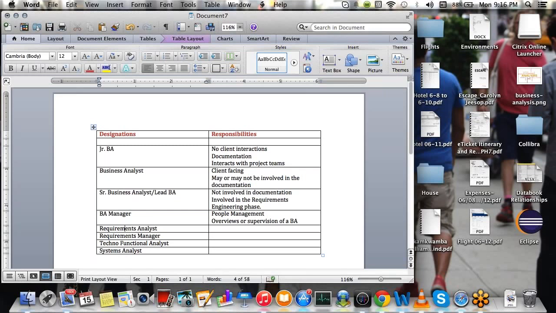Now what are these requirements analysts or requirements managers? So in one project, do you see a BA and an RA? No. Your organization may call you a business analyst or a requirements analyst or some other fancy role which we may never know. For example, if you take me as an example, my previous designation was metadata management and data governance analyst.